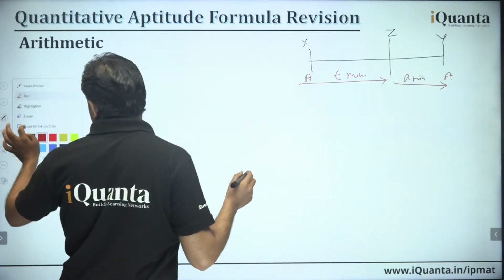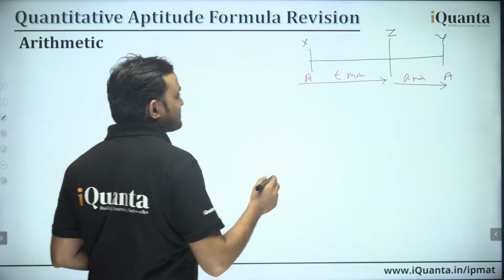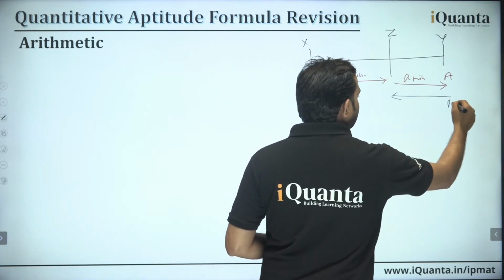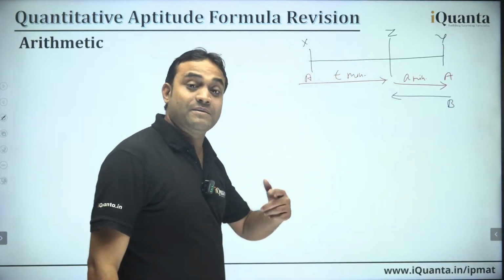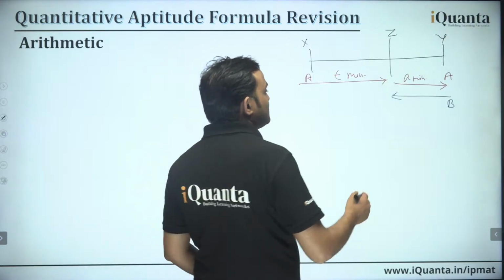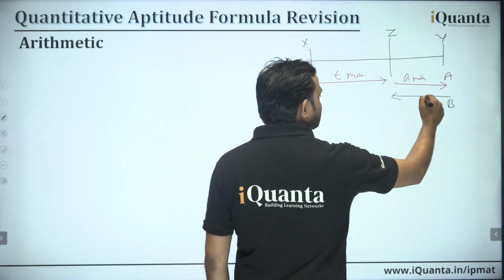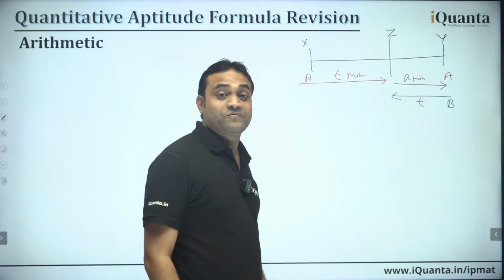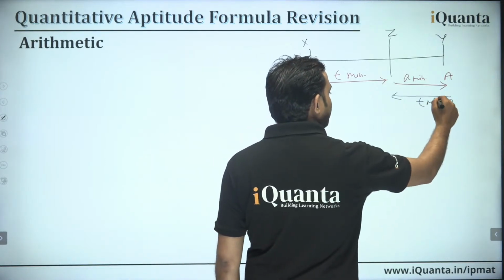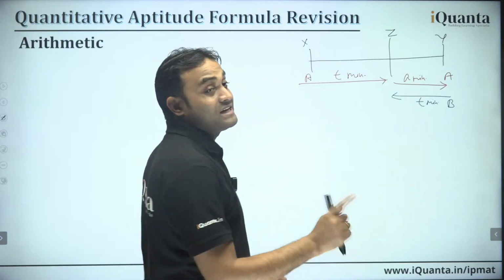Then comes B, starting at point Y at the same time as A. Of course, if both of them are starting at the same time, both of them will take the same time to meet. So B is also taking T minutes to cover the distance YZ.